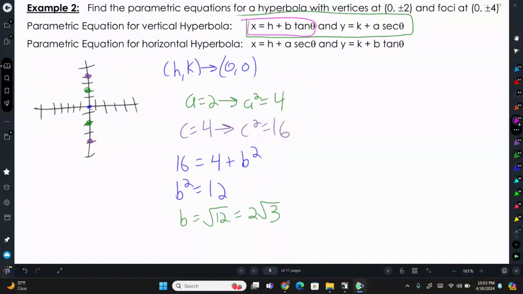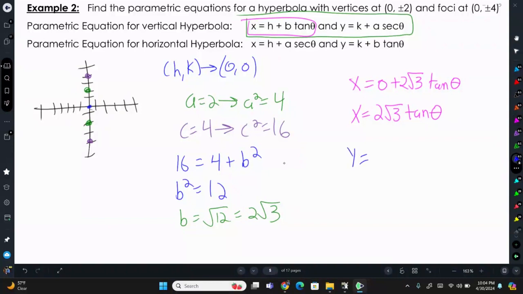So x equals h, which is 0, plus b, which is 2 root 3 times the tangent of theta, and 0 plus anything doesn't change it. So x is going to be 2 root 3 times the tangent of theta.